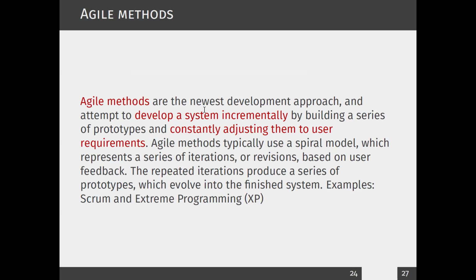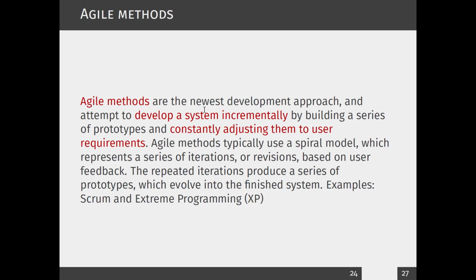So this is called the newest development approach. And what happens is you develop the system incrementally. That means instead of creating a system completely, you go by steps. And each time you are trying to improve, right? So that's what agile basically does.